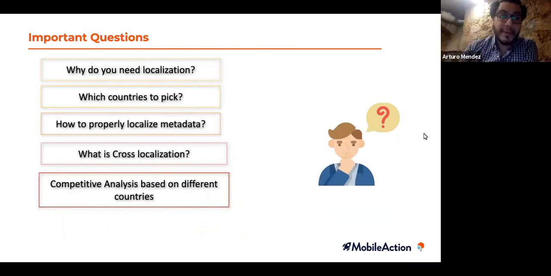We're going to talk about what we need to do localization, which countries to pick first, how to properly localize the metadata, what cross localization is, which is a technique ASO specialists usually use to improve the localizations we normally do, and the competitive analysis based on different countries.